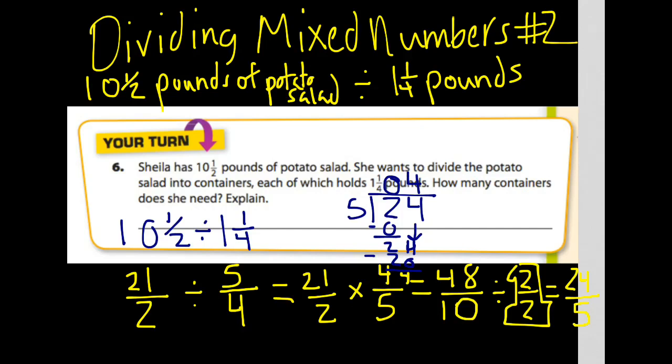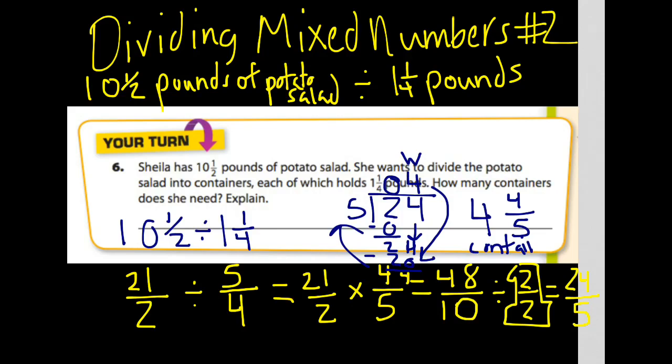So if I remember what I said about recycle, reuse, I write my whole number first, then my remainder is my numerator, and my divisor is my denominator. So my answer is 4 4/5 containers.